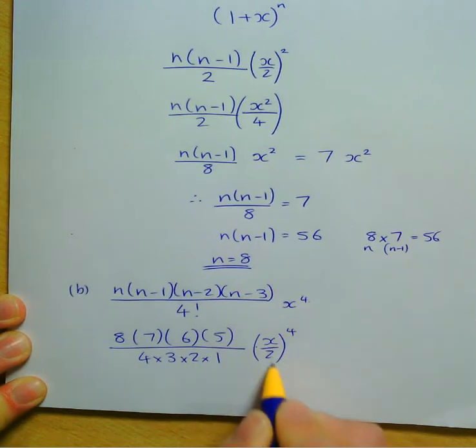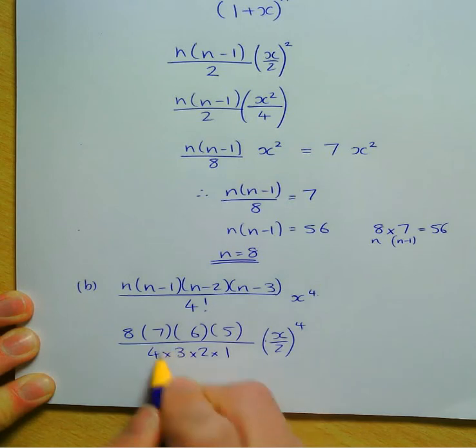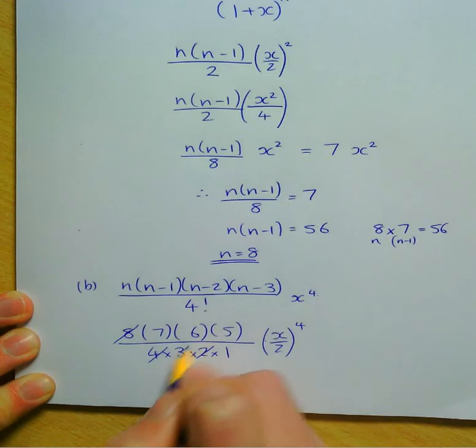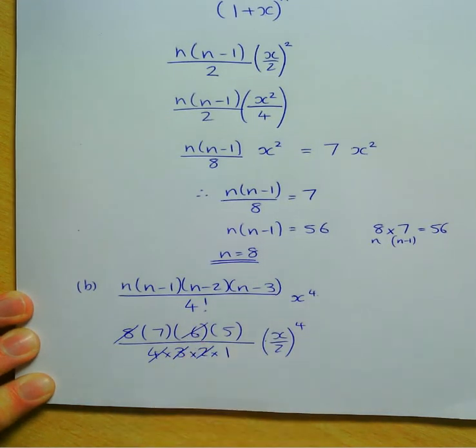This is the bit that most people forget. But what I'm going to try and do is, see if I can cancel things down, right? So 4 times 2 is 8, right? And I've got an 8 there, so I can cancel. 3 and 6, I can divide both the top and bottom as well by 3, so that would give me a 2. So I'm already making this much, much tidier.